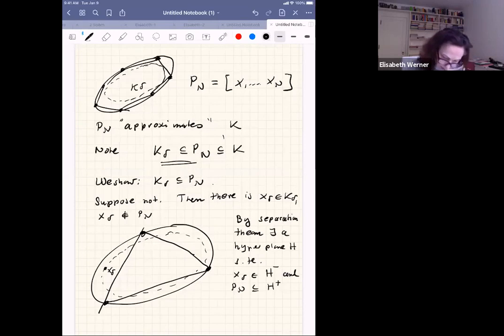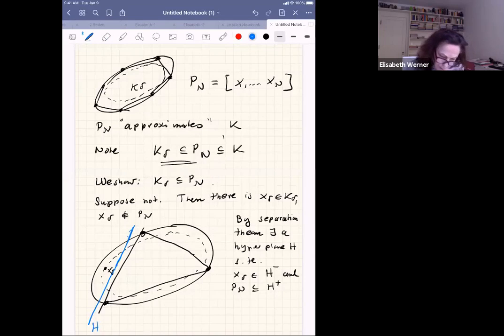So we find such a separating hyperplane. It need not be parallel to this face of the polytope. So this is the separating hyperplane H.